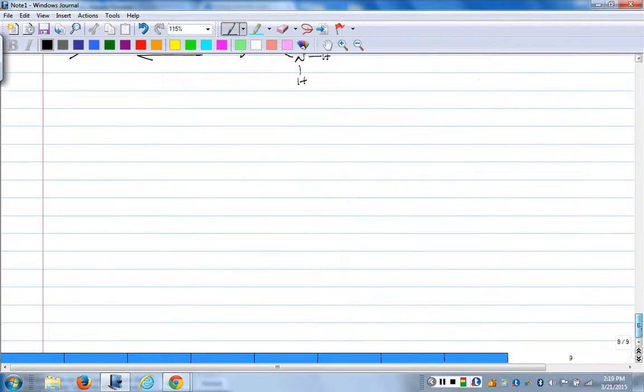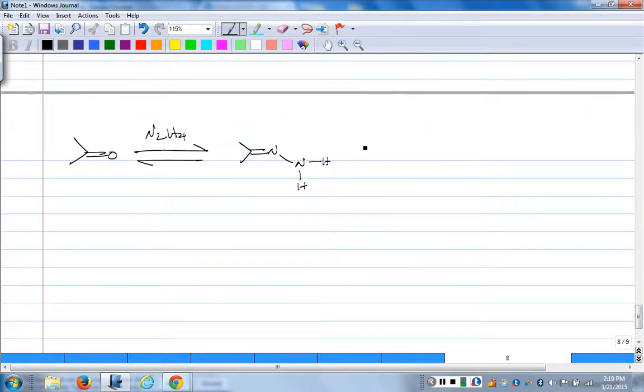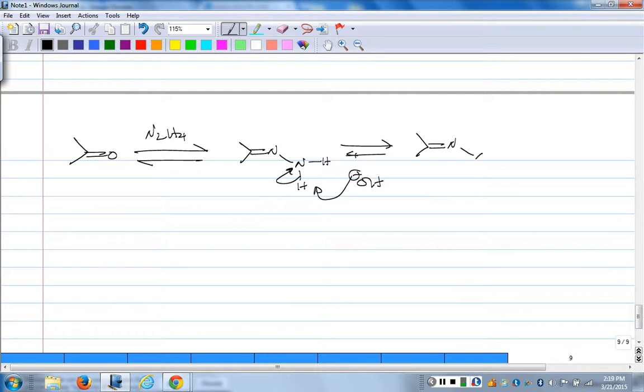Okay, so let's get to the hydrazone. In the presence of hydroxide, which is a base, we're running the reaction under hydroxide conditions, we will deprotonate the hydrazone, and that will generate its conjugate base. This reaction goes in part because the N is electronegative, but also I can draw a resonance form. And in that resonance form, I can show the negative charge being shared by the adjacent carbon.